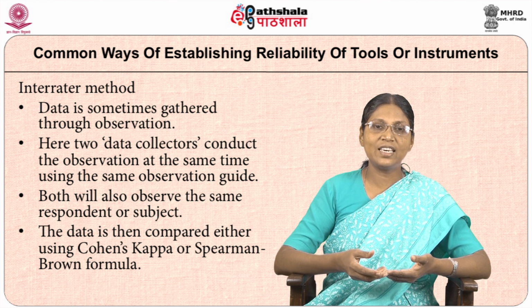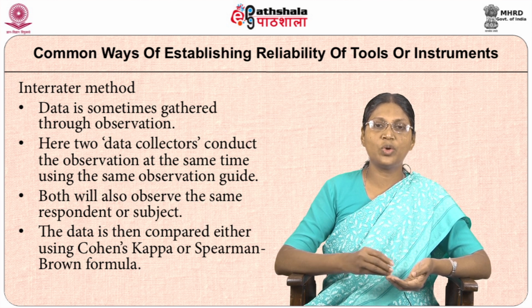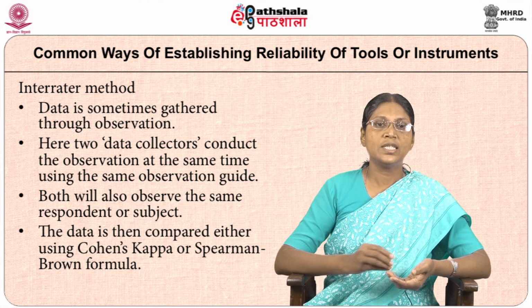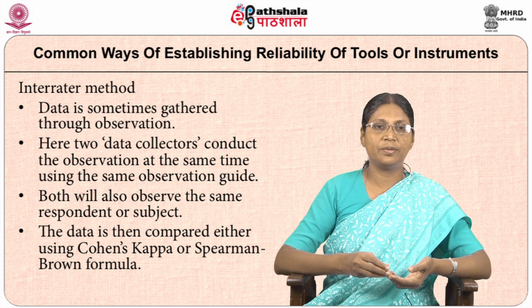The data is then compared using either Cohen's kappa or the Spearman-Brown formula. This method can also be used when data collection is done by a team of data collectors to ensure consistency amongst the data collectors. Now we will discuss validity.